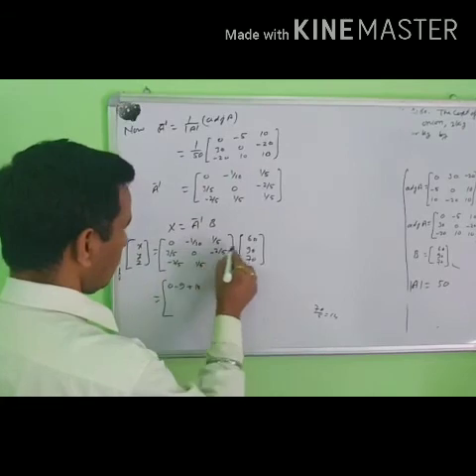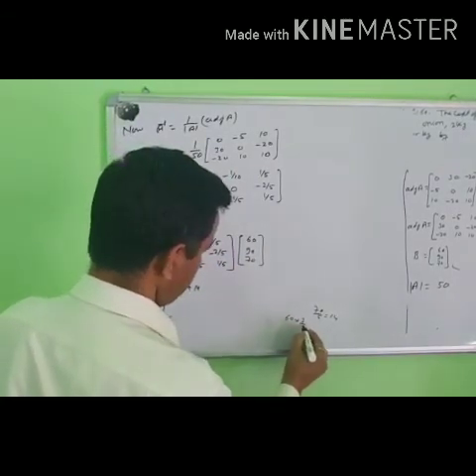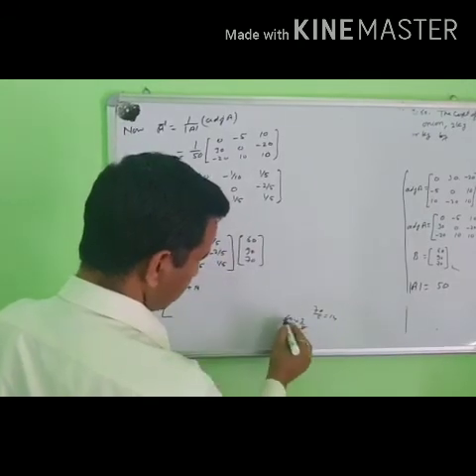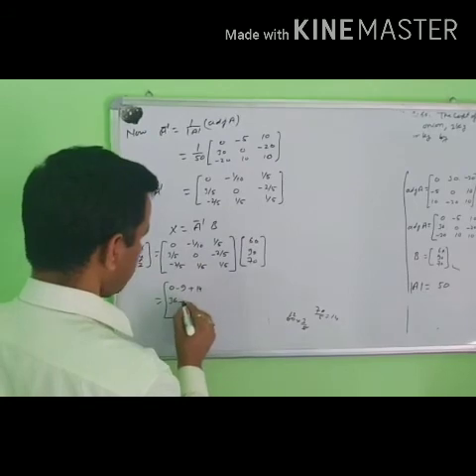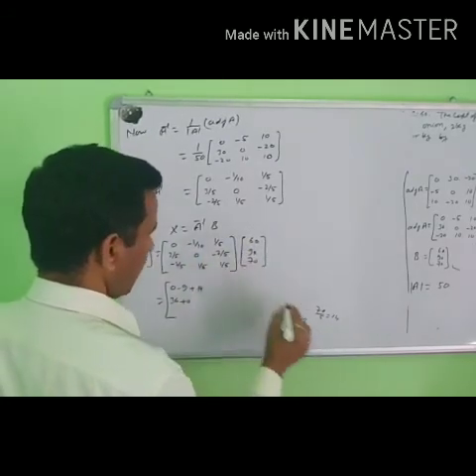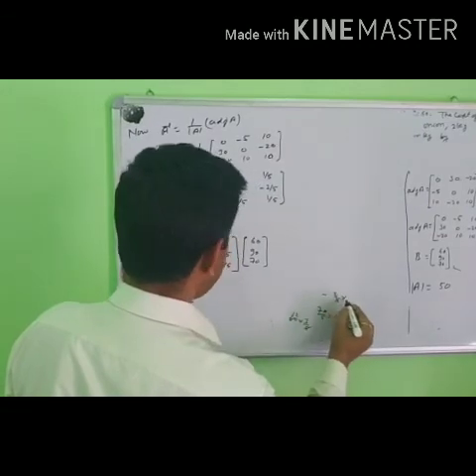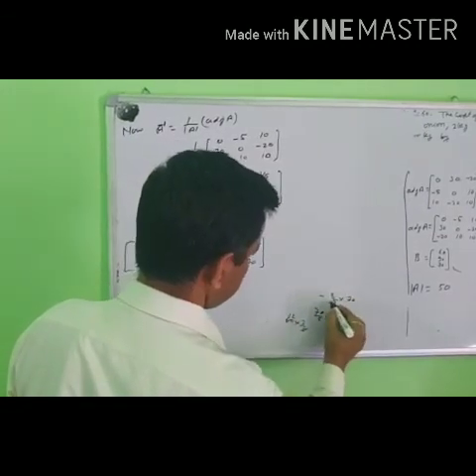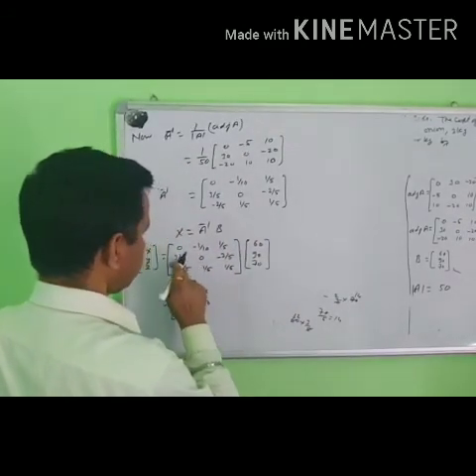Next, second row: 60 into 3 by 5 is 36, plus 0 times 90, and minus 2 by 5 into 70 is minus 28.